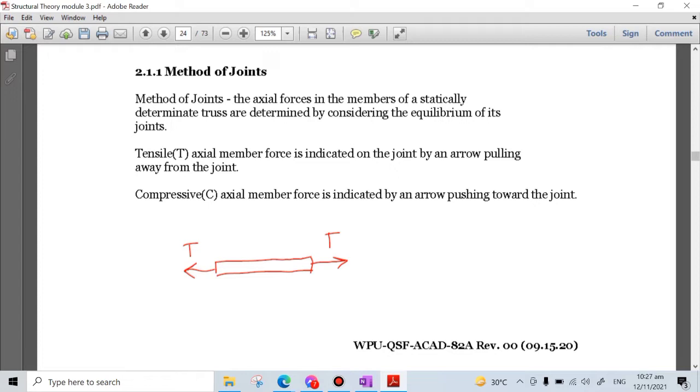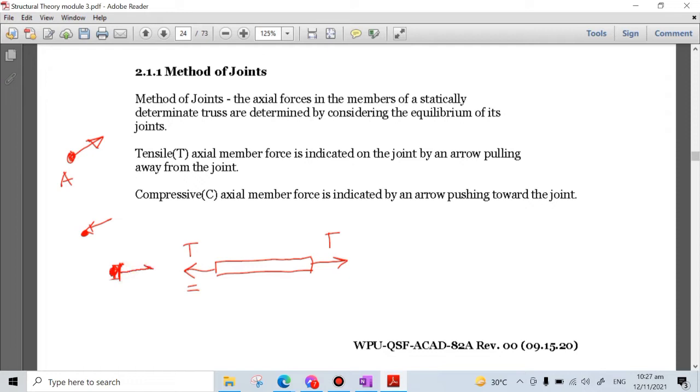Hinihila, binabatak palayo. Pero pagdating sa joint, sinasabi niya doon, if this is joint A and siya ay tension, it is away. Pero bakit ito papunta sa joint? So, ang iisipin mo kasi doon, okay, this is the joint. Ito ay away from the member, pero siya sa joint ay papunta sa member. Hindi po yon. Kasi, pinutol po natin siya. Kung ito yung joint, some part of the member ay, kumbaga, nasa 0.00 something. Nandun pa rin yung karugtong ng member na yon.